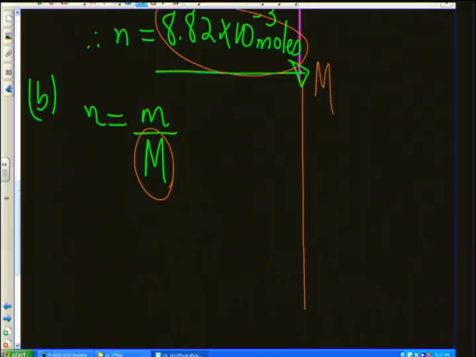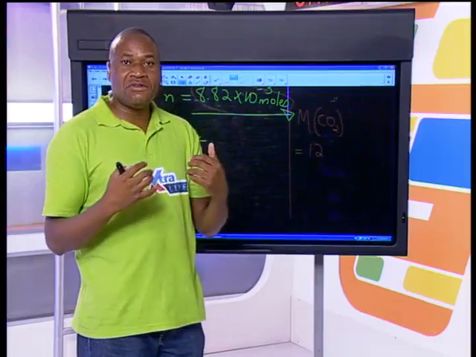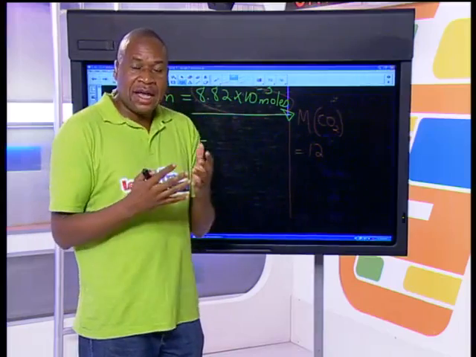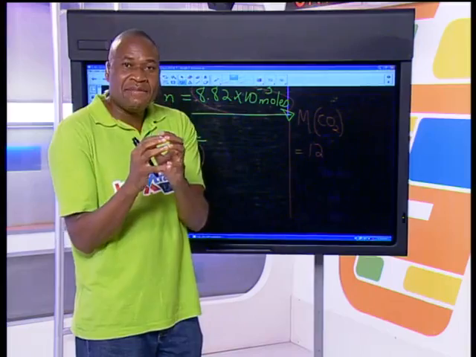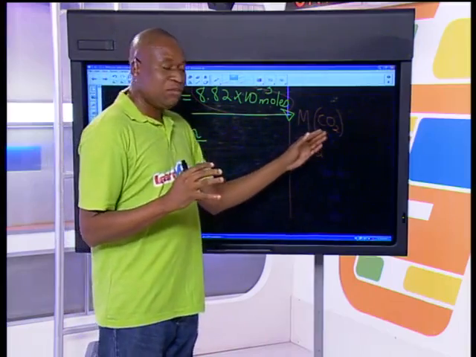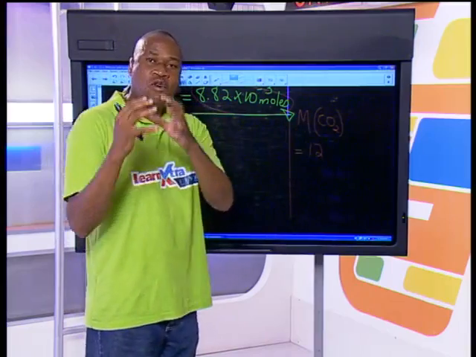Now, the molar mass of the gas, let's work it out on the side. Remember, to work out the molar mass, you look at your periodic table and get the masses of each atom involved in that substance. For this substance we've got carbon dioxide, CO2.